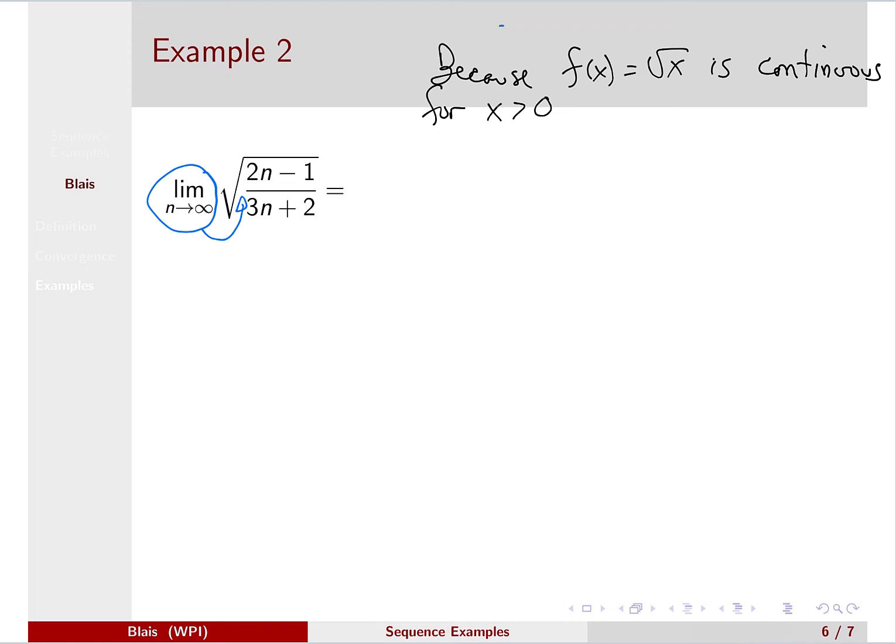So this limit becomes the square root of the limit as n goes to infinity of (2n minus 1) over (3n plus 2).